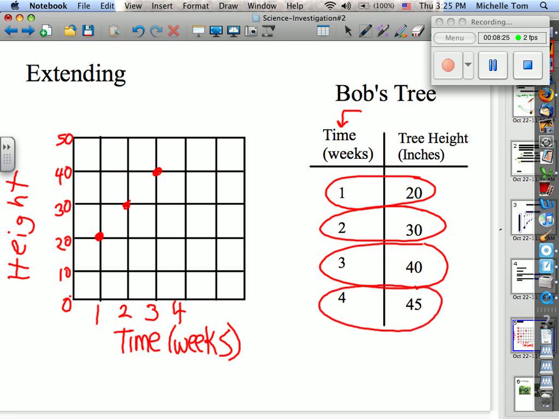So because it's 45, I'm going to have to go exactly halfway between 40 and 50 and put a dot right there. And I can connect it and notice that the tree got taller each week, but not quite as much taller from week 3 to 4 as between the other weeks. Okay? So that is one extension we could have from our pendulum experiment in terms of understanding independent and dependent variables.